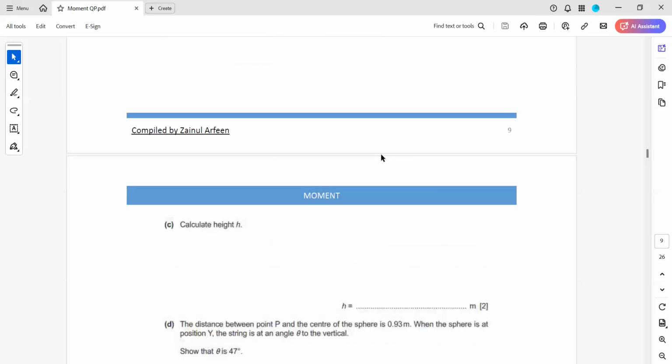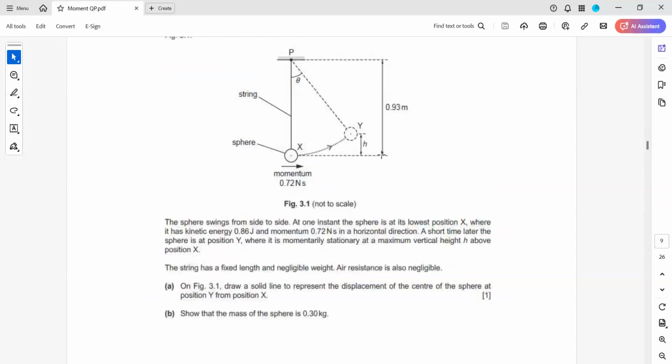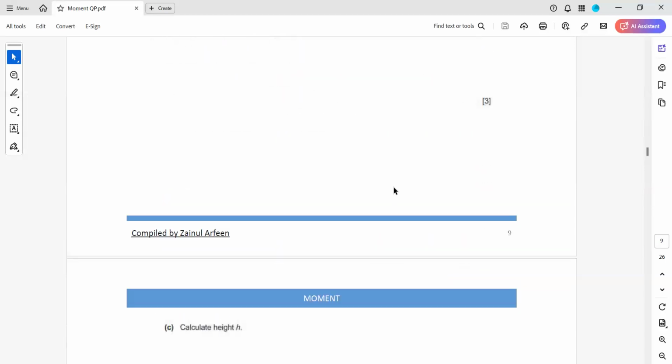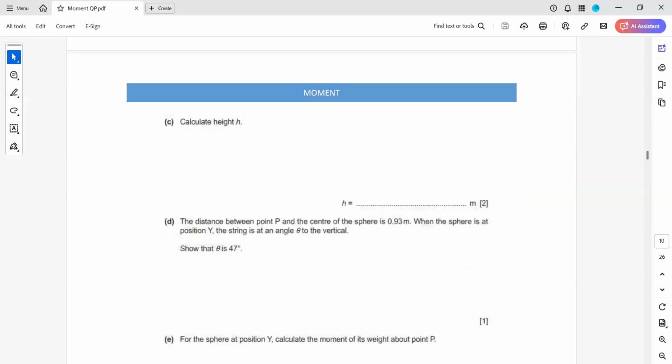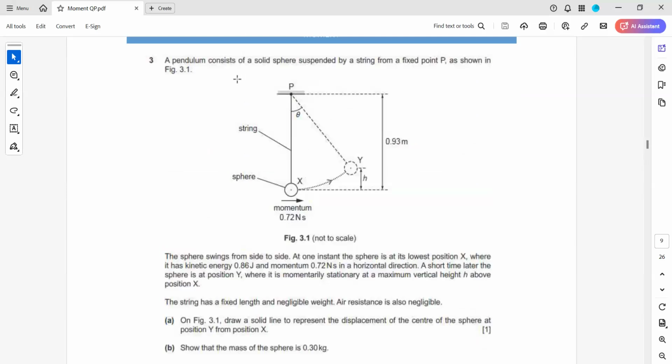You work out this height. What is the value of the height when you calculate h? So the value of h is 0.29.